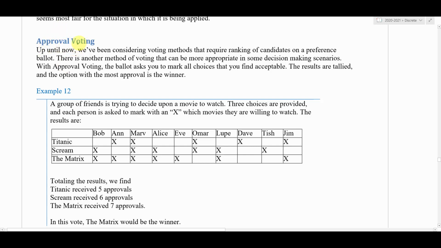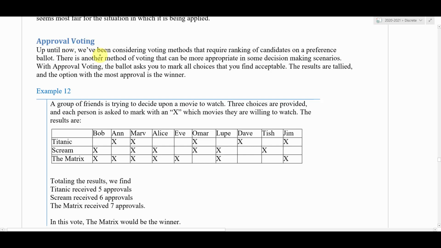All right, and this one is very different from the other ones that we've done so far, in that you don't actually have to rank any of the choices that you see. Instead, what you do is you look at the choices that are available and you say, these are the ones I wouldn't mind. So if you can imagine a presidential election and there's six people running for president of the United States, and you look at the list of the six people that are running and you say, well, I wouldn't mind if A, B, or C were president, but I definitely do not want D, E, and F to be president.